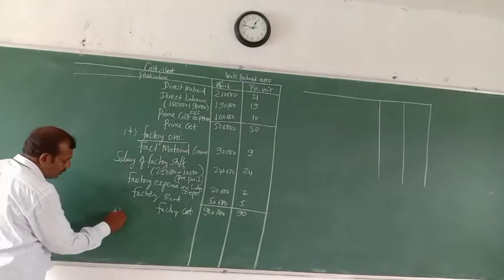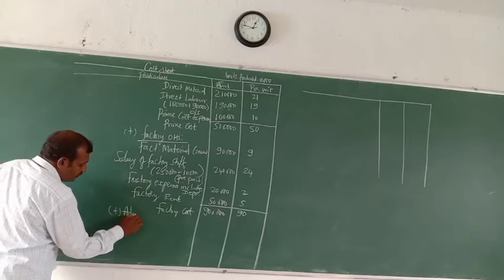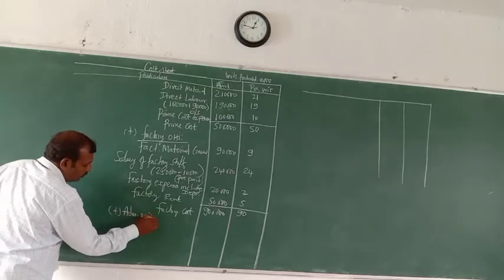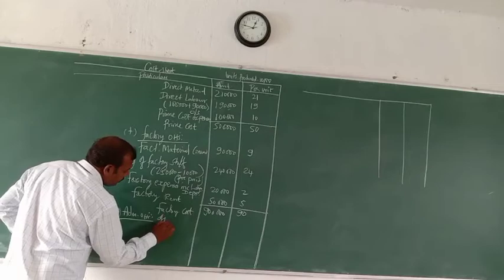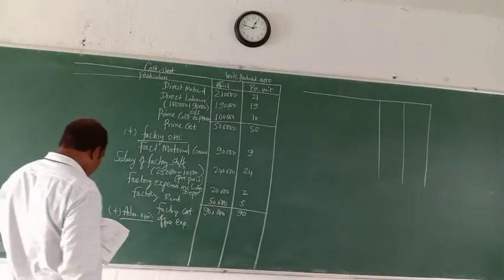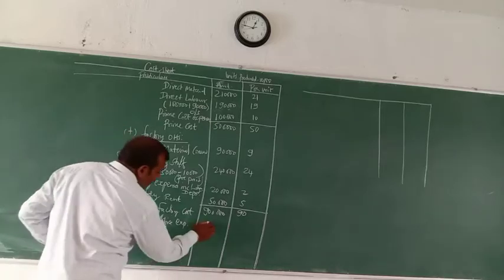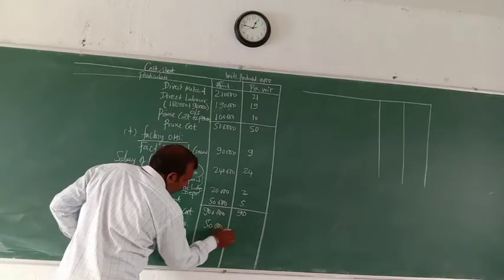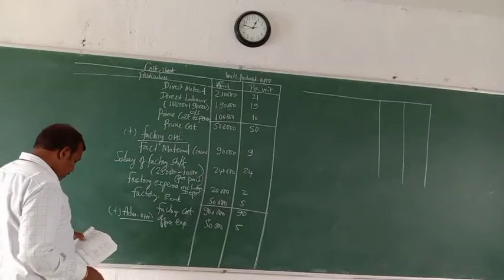With this, add administrative overheads. Office expenses, 50,000 divided by 10,000 you get 5.